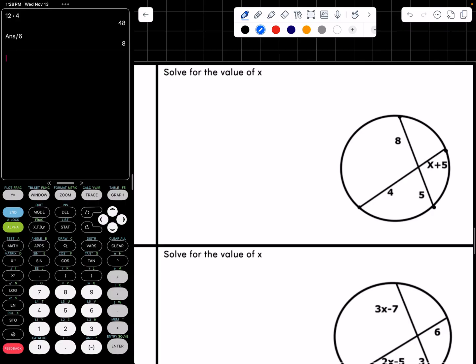Okay. We've got one chord. We've got a second chord. My pieces are going to be separated with that center point. So I end up with 4 times x plus 5. That's going to equal my other piece, my other chord, 8 times 5. Cut those into pieces. So we've got 4x plus 20. 4 times 5 is 20.